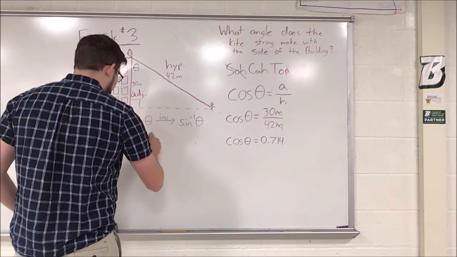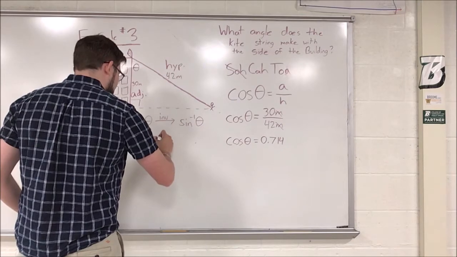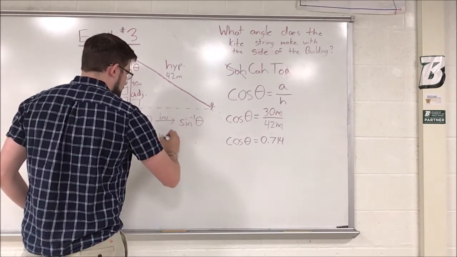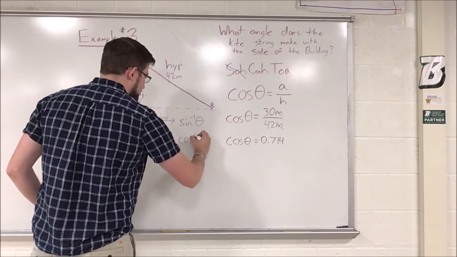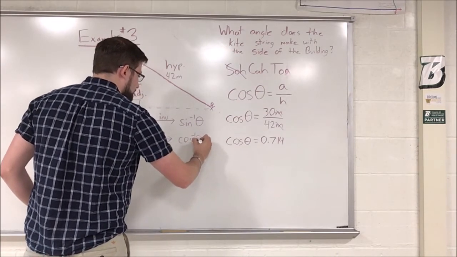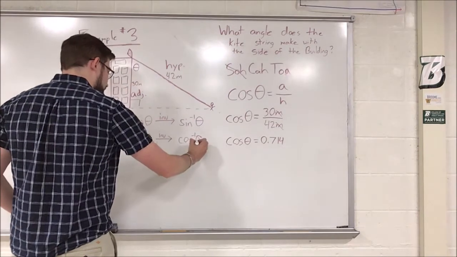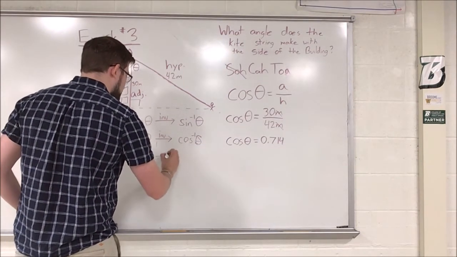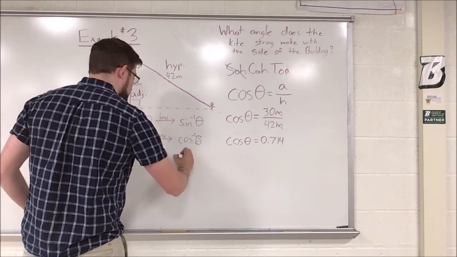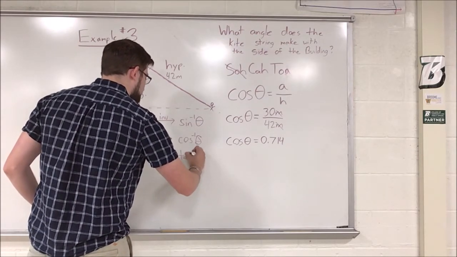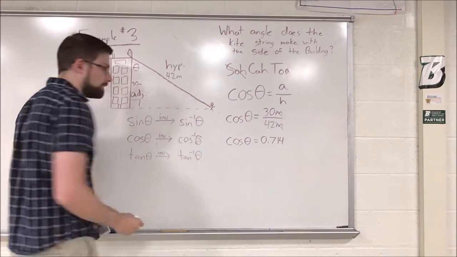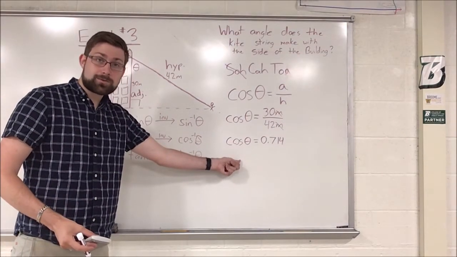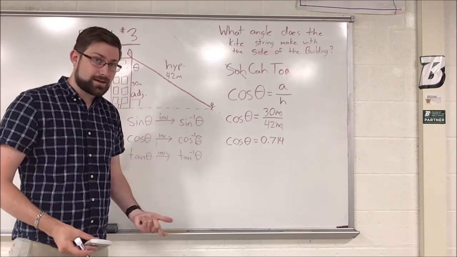We have the same thing for cosine, with cosine to the negative 1. And then we have the same thing with tangent. And we can use these to cancel out our trig functions in order to get the angle all by itself.